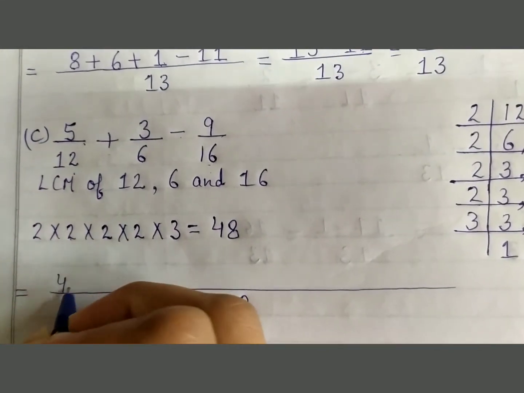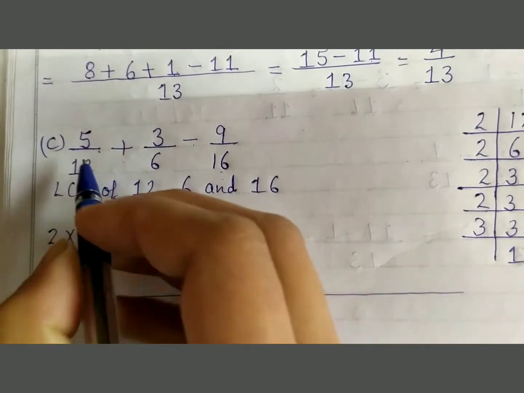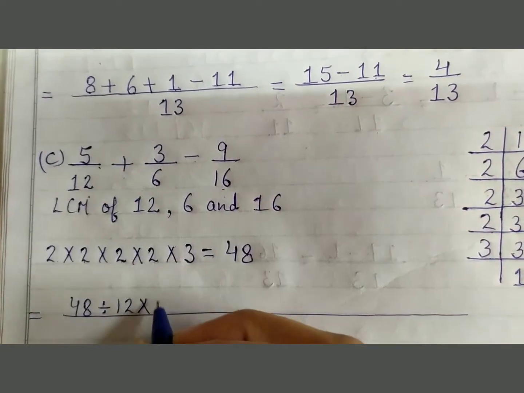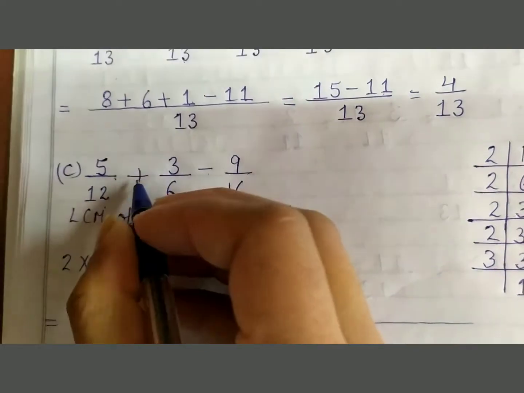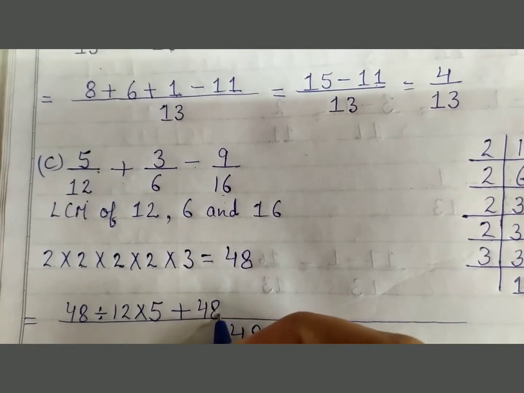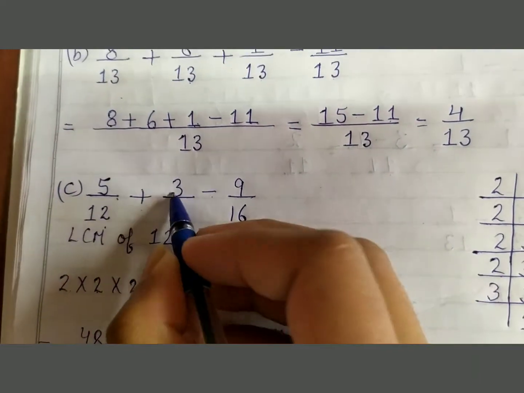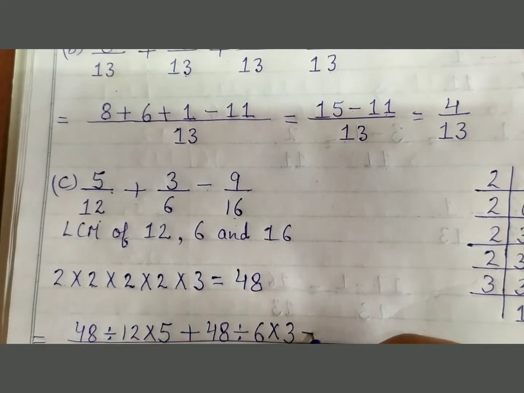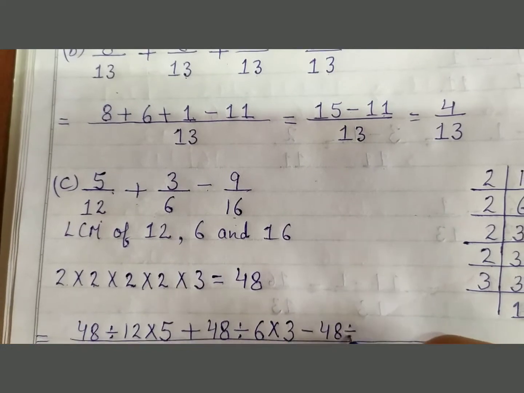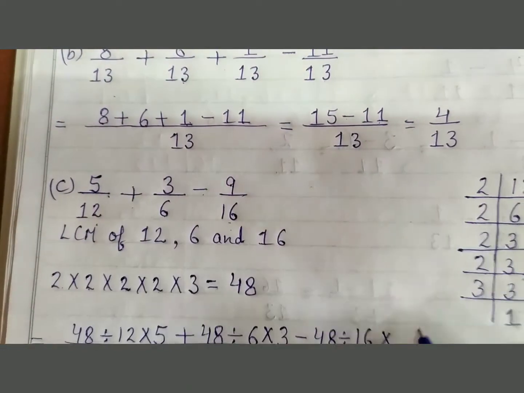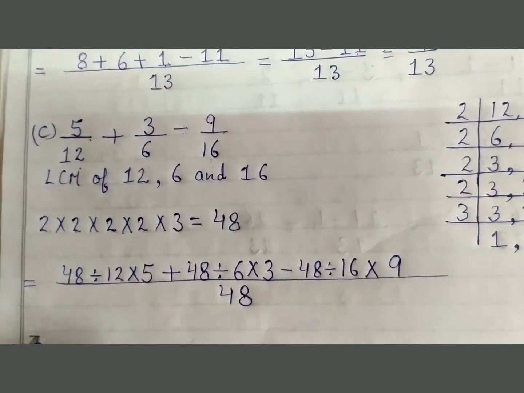Again write 48 divided by 12 and multiply by 5. Addition sign. Again write 48 divided by 6 multiply by 3, minus, again write 48 divided by 16 and multiply by 9. Solve the numerator.